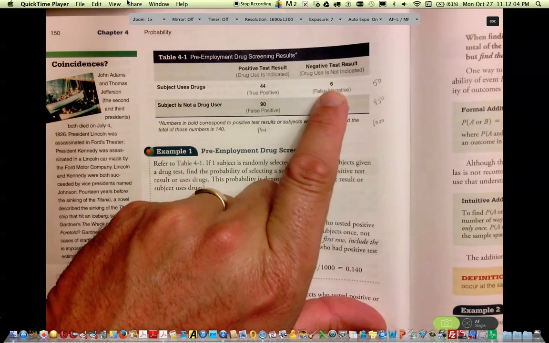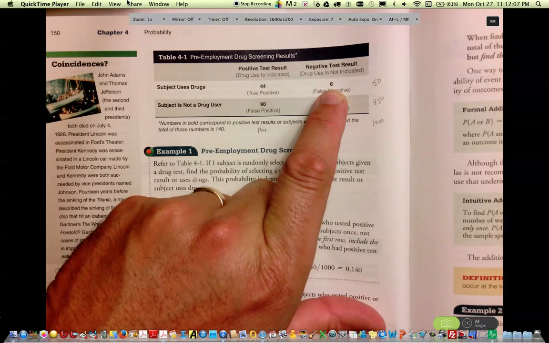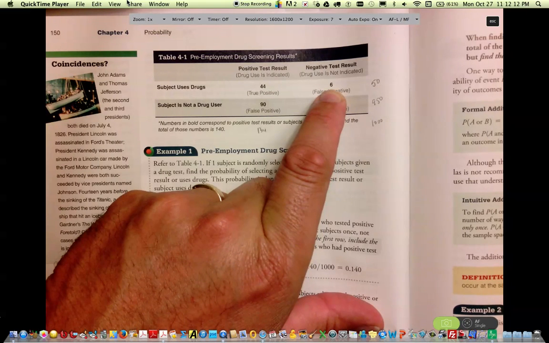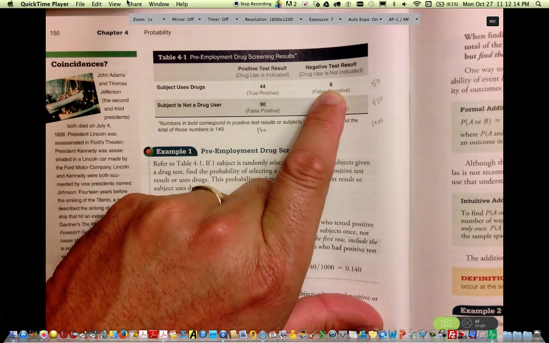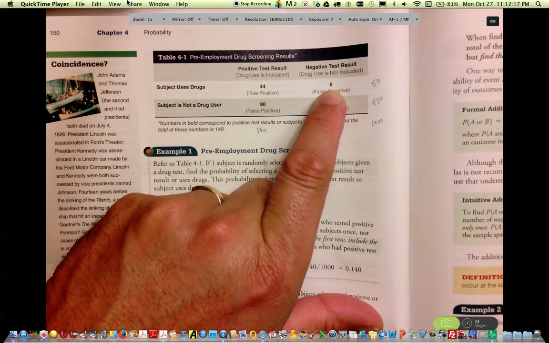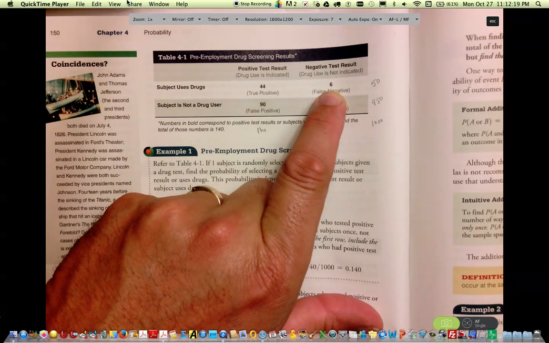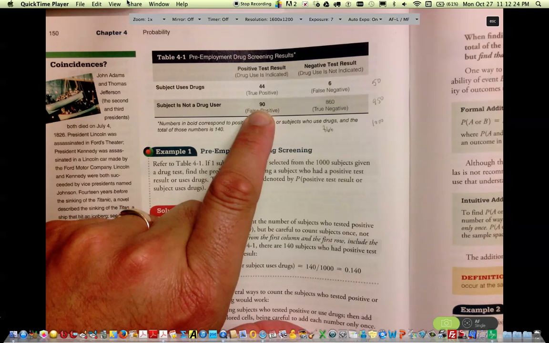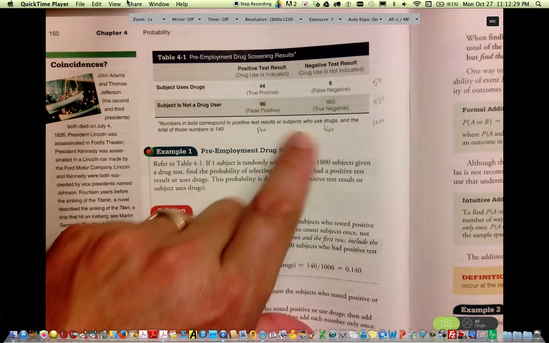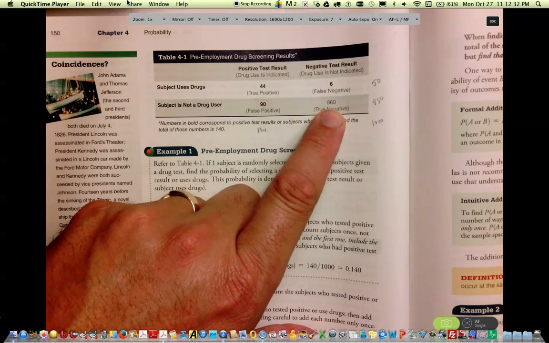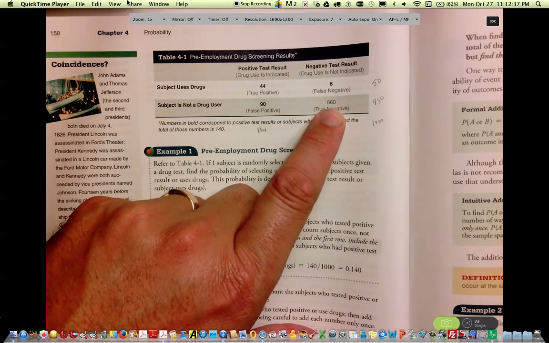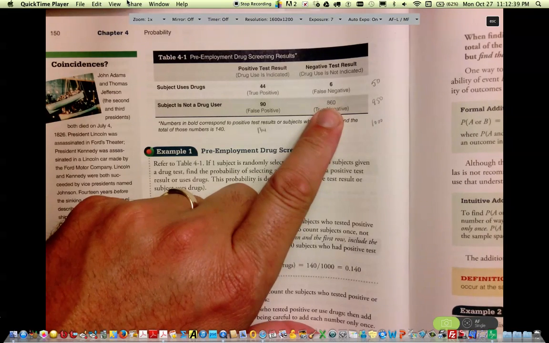These people over here, did they test positive or not a drug user? The answer is no, these are the ones that are using drugs that test negative. Down here, do these people test positive or not use drugs? Yeah, they're both. And these 860 people, did they test positive or not use drugs? Yeah, these people are not using drugs.